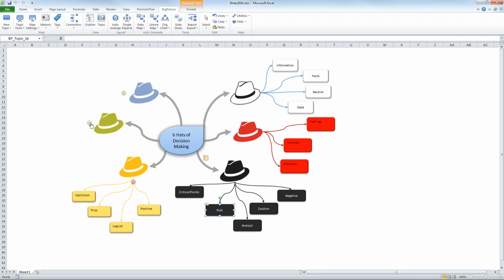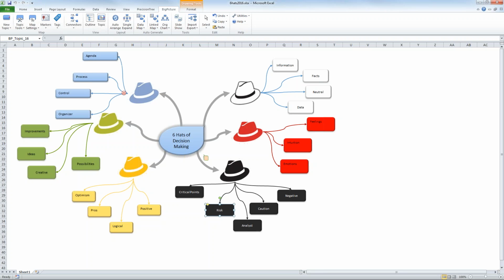So I am essentially, without you even knowing it, presenting to you out of BigPicture. You've sat here and listened to me talk about 4 or 5 hats. Maybe the hats don't even matter to you. But what I wanted to point out is that I can actually do a presentation straight out of BigPicture. I'm not in PowerPoint, not in any other product. I'm in BigPicture, and all I did was create this map as a summary based on this book.